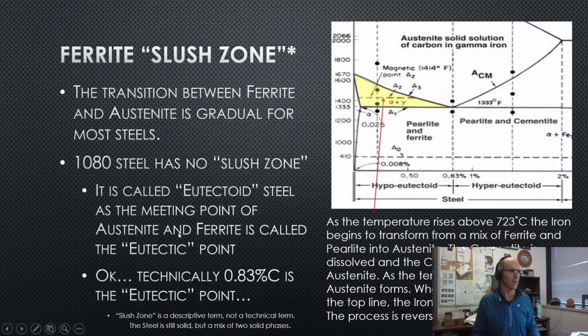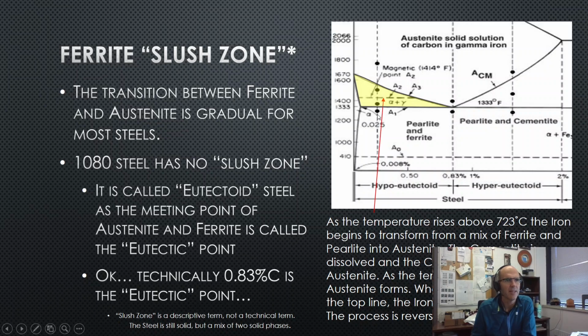Right. So here's our ferrite slush zone right in here. I was saying that as you heat your steel, down here you're starting out with a fairly low carbon steel. It is a mix of ferrite with cementite, but mostly what you'll have is large crystals of ferrite because it's a low carbon steel, and then you'll have some little layers of perlite, which is the mix of ferrite and cementite that is where most of the carbon is stored at low temperatures.